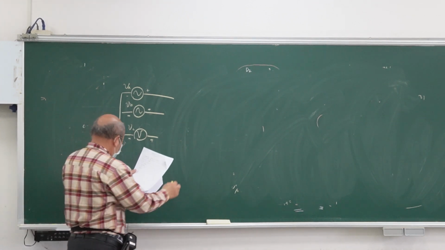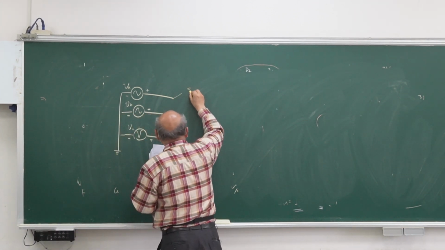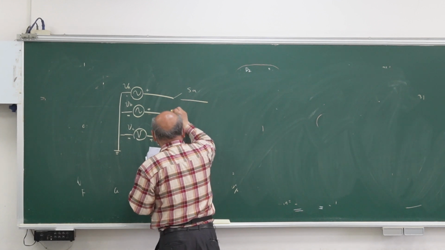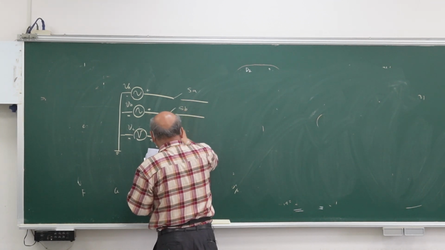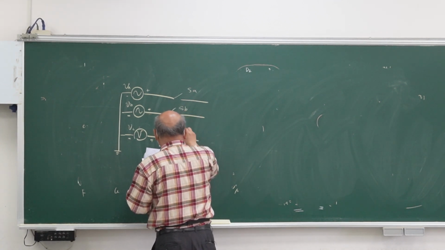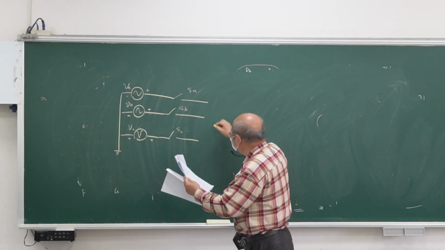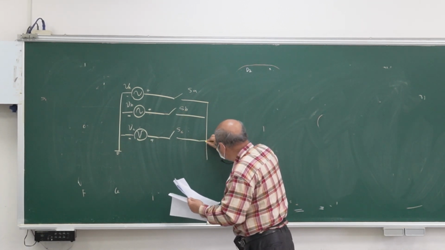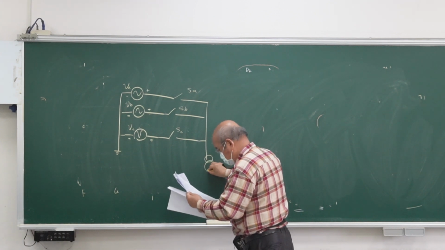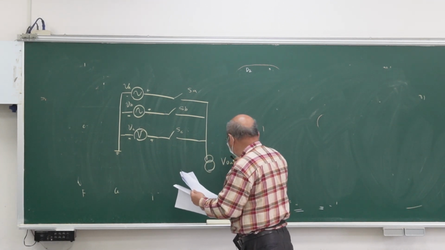And then we have a switch S A, S B, S C, 3 switches. And then we have output, so it's V out.